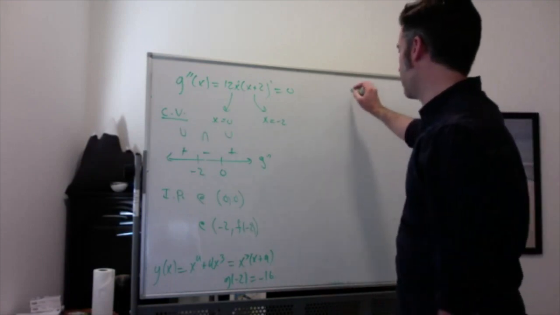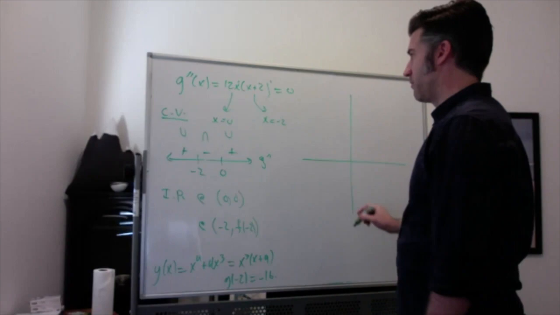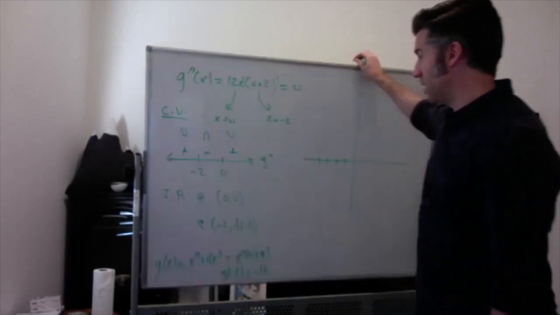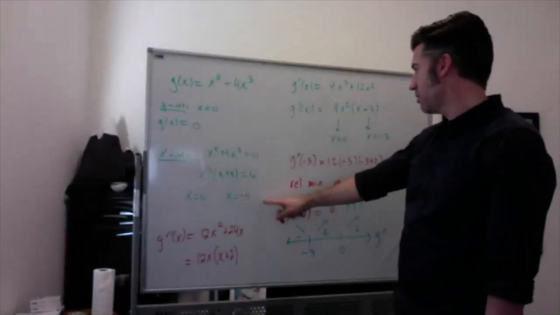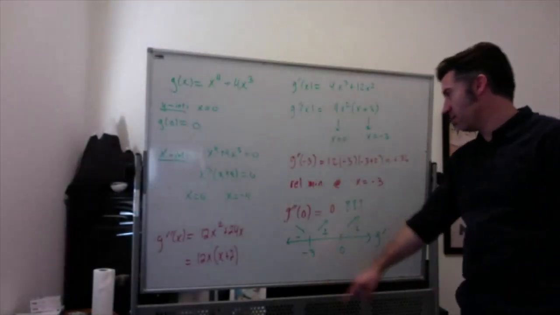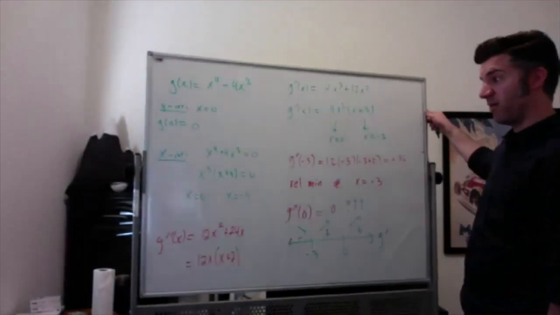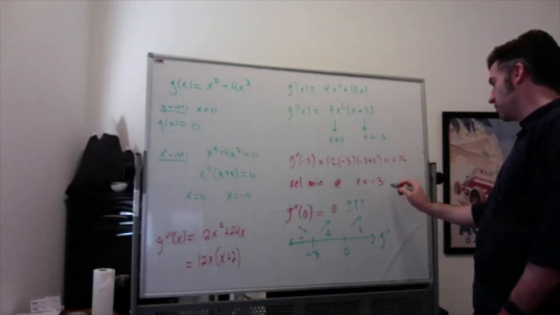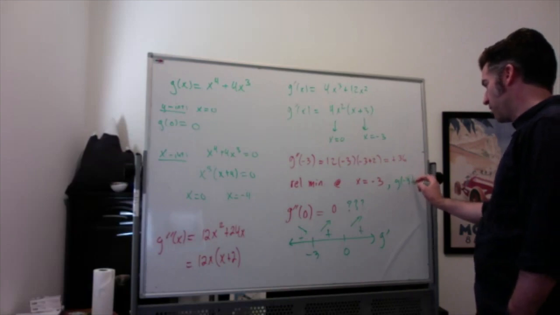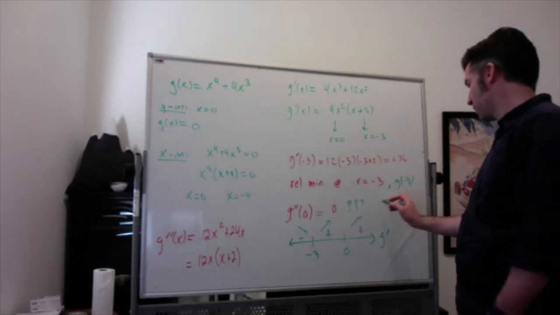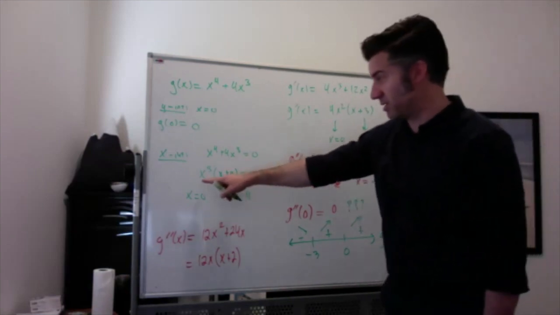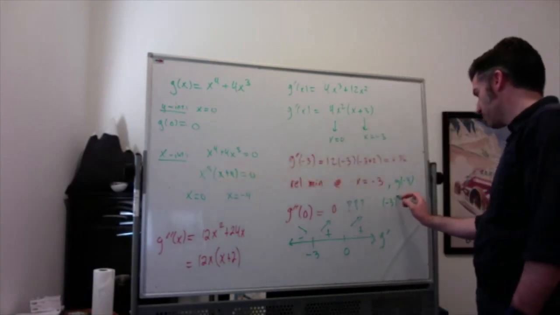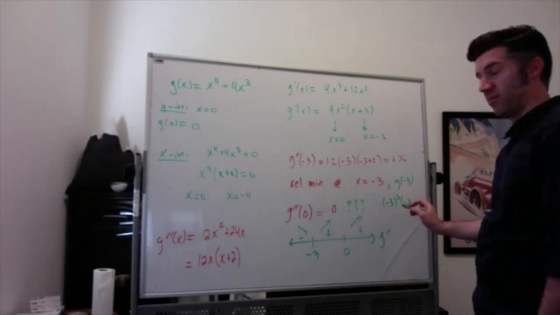Now I can graph the thing. I've got an x-intercept at -4. I've got a relative minimum at -3. Oh, I didn't find the y value. I should have done that. So if I plug in g of -3, I factor out an x cubed: it's -3 cubed times -3 plus 4, which is 1.